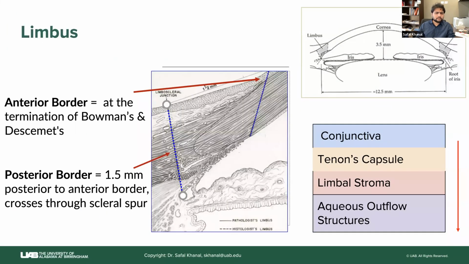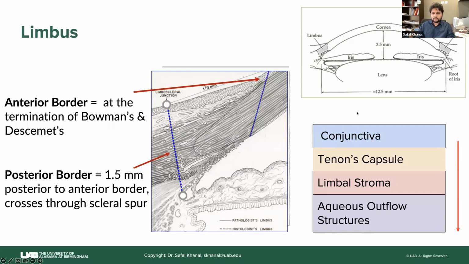Let's look at the limbus a little bit more. The anterior border of the limbus is at the termination of the Bowman's and Descemet's membrane. And the posterior border is around 1.5 millimeters from the anterior border. And this posterior border crosses the scleral spur, which is the anteriormost termination of the sclera as well.